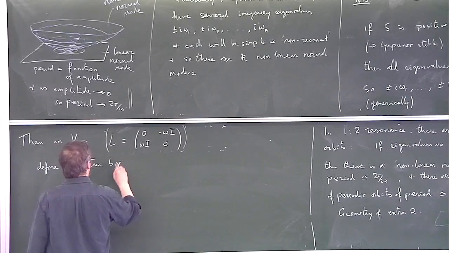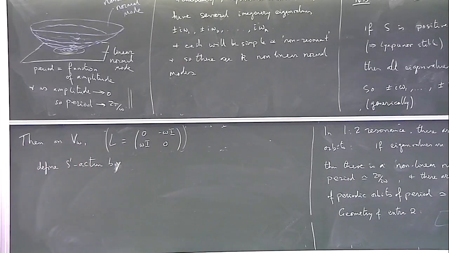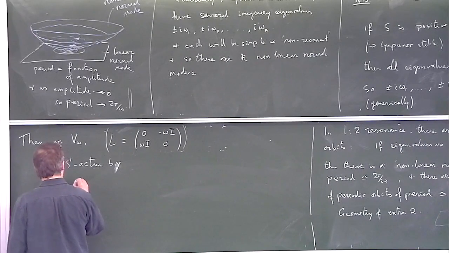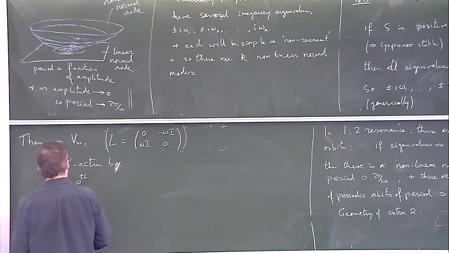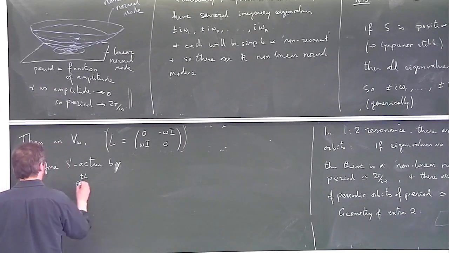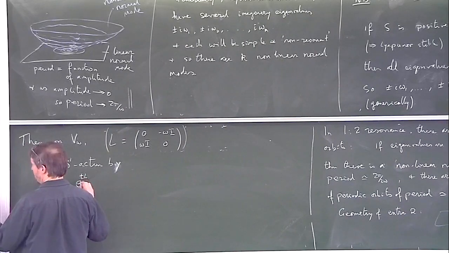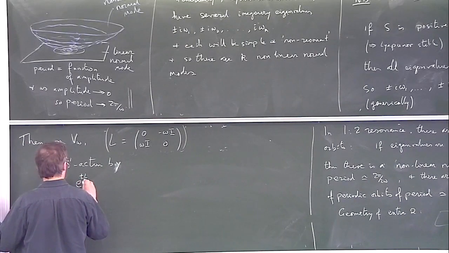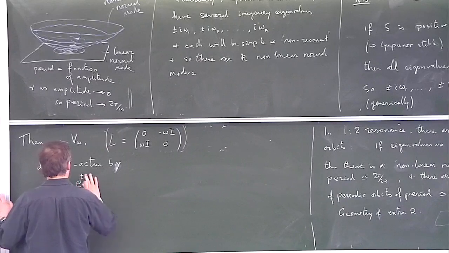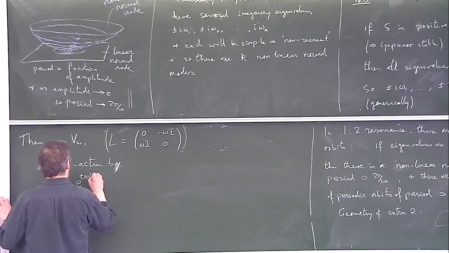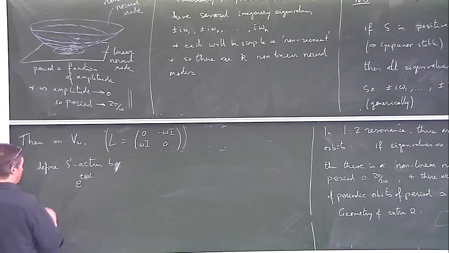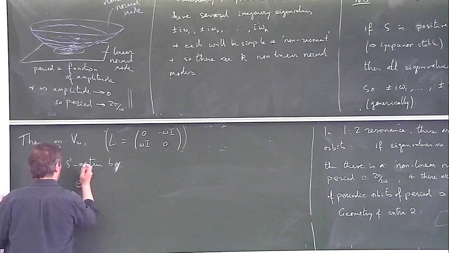Now on this space V omega, we define an S1 action. So if you think of L like this, then it's clear, but it's also clear like this. Two pi over omega, let's call it theta.